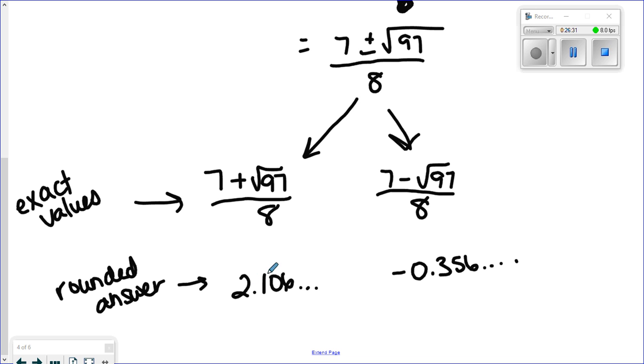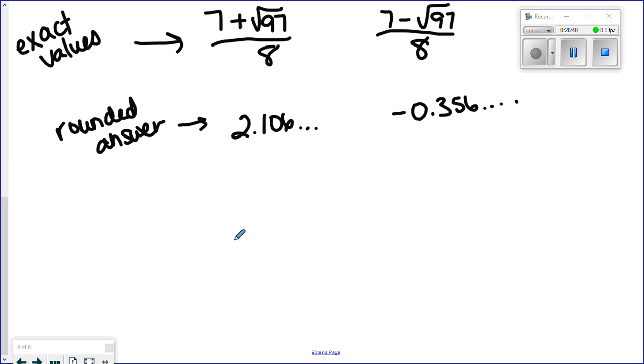So this is your rounded answer. Again, keeping more decimals is not a bad idea. You would want to still verify. Verify by substitution or graphically.